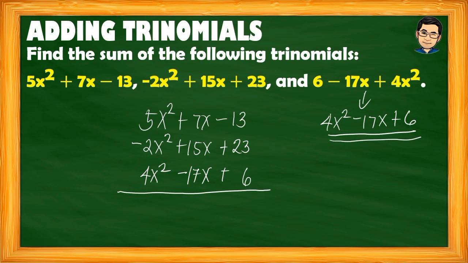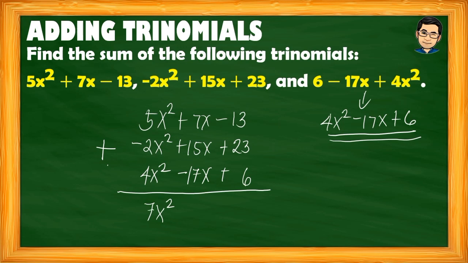We can now add. So 5x squared plus negative 2x squared, that is 3x squared, plus 4x squared, 7x squared. O pwede rin naman combine natin yung like terms, 5x squared plus 4x squared, that is 9x squared, and then plus negative 2x squared, 7x squared pa rin naman po yung sagot.